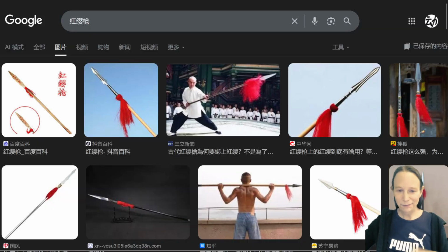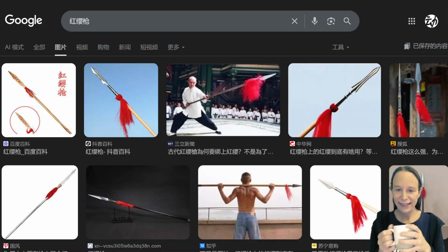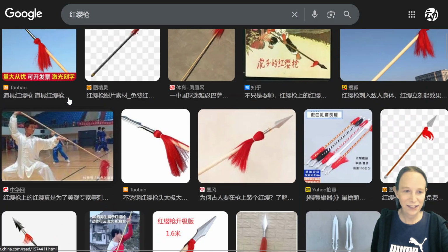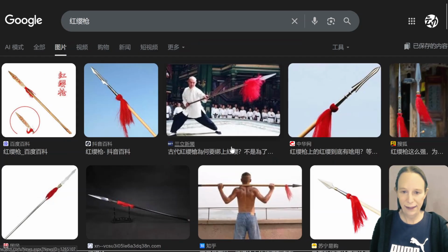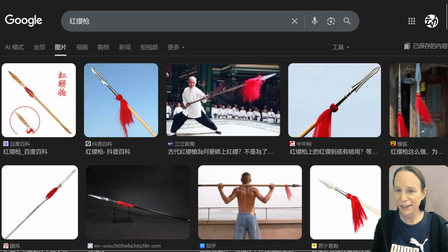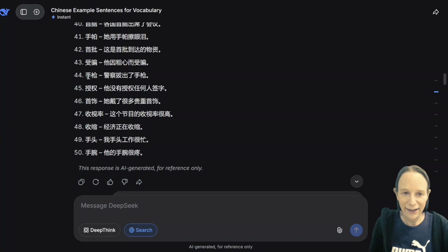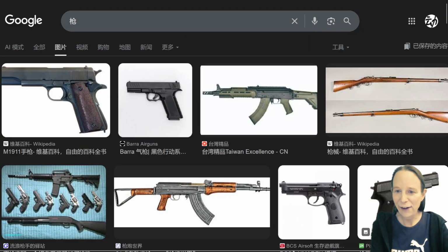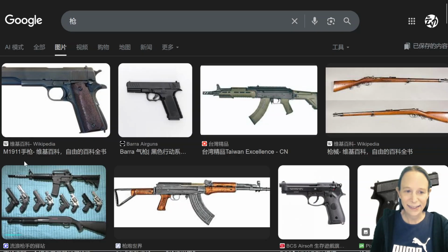Historically it meant spear, and in particular this spear is one of the forms of martial arts in China. The 缨 is the tassel, this red thing. So 红缨枪 is kind of part of Chinese culture. And 枪 over time came to mean firearms, guns.